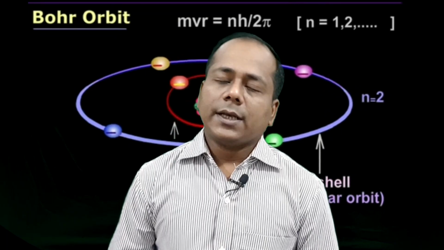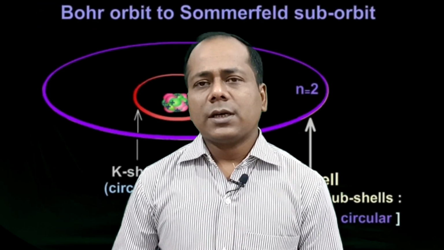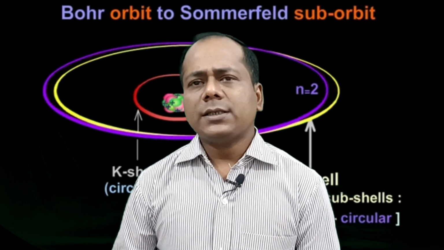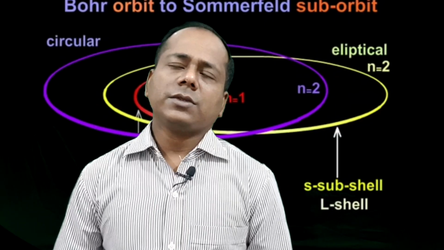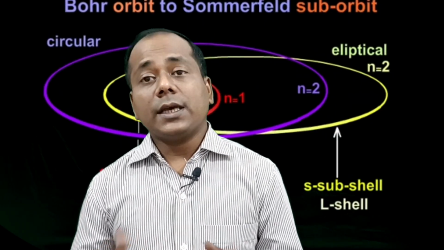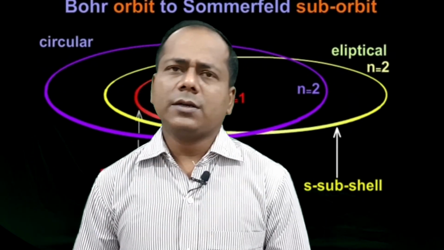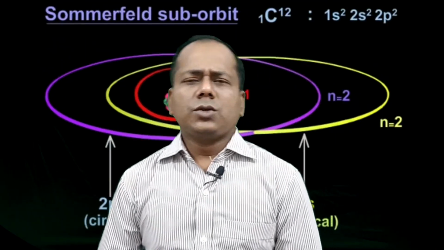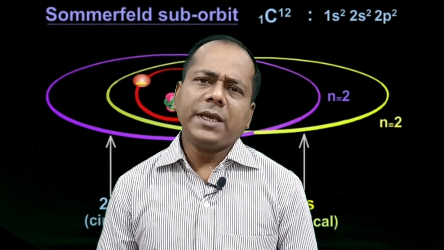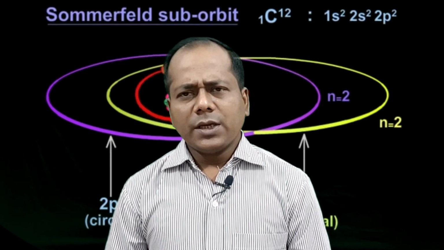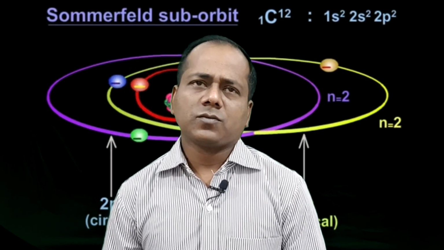Dear students, in an atom the electrons are accommodated in consecutive energy levels around the nucleus. These energy levels may be circular or elliptical. Moreover, the electrons do not just move around the nucleus but also spin around their own axis.